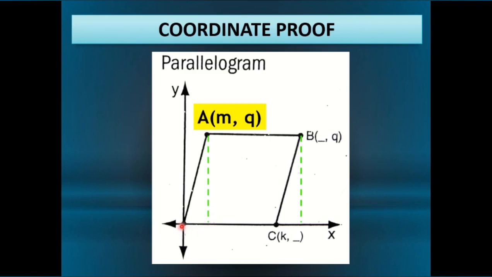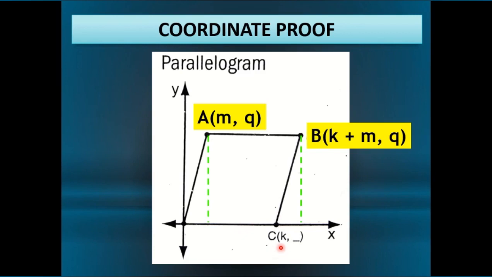That means from this point to this one, this is already our M. And this side is equal to this side, so this one is also M. Since this is already K and this is M, the x coordinate will become K plus M, and then our y coordinate is Q.